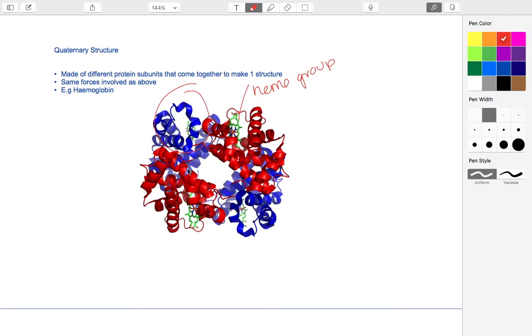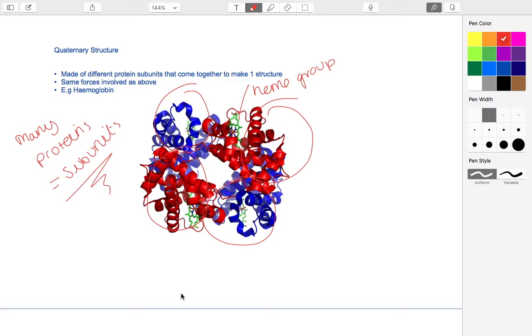And you have four different proteins, 1, 2, 3, 4. They're the same forces involved as in the tertiary structure. That's when they come together to make one big structure. The proteins that form part of a structure, so many proteins, equal subunits.